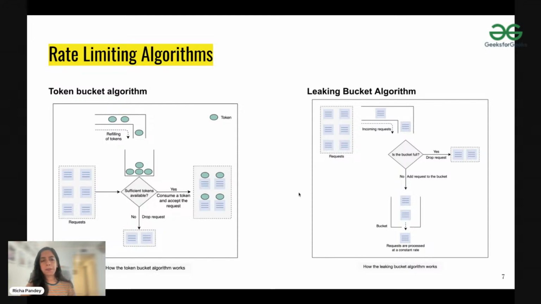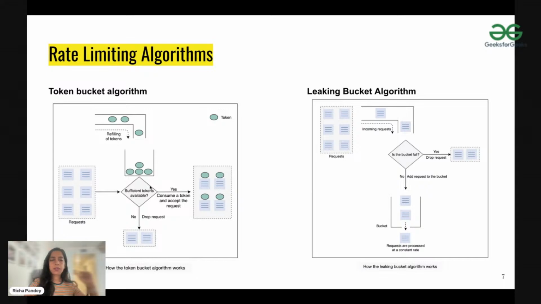So here, the whole idea is that we will determine beforehand how many requests we want to handle. So here you can see it's a bucket-like architecture where you have four tokens in the bucket. Whenever a request comes in, we check if there are sufficient tokens available.